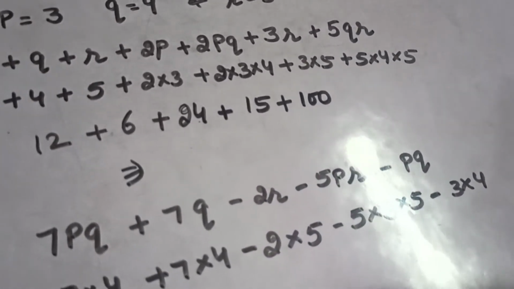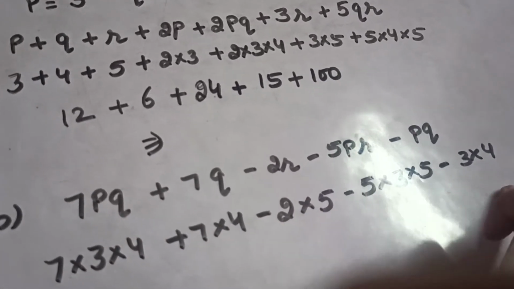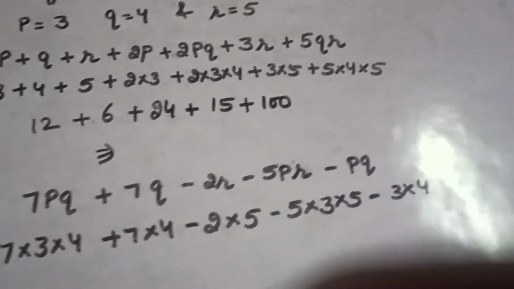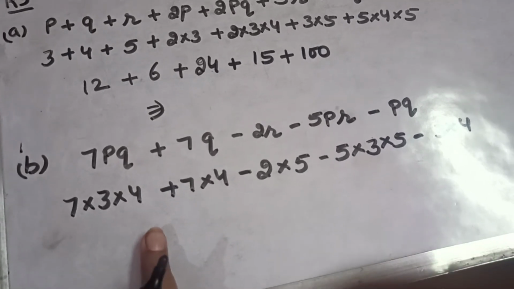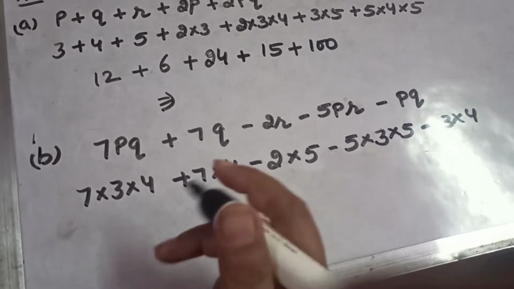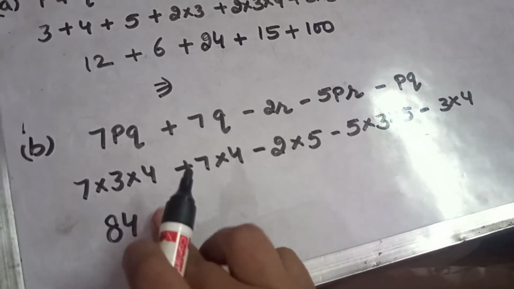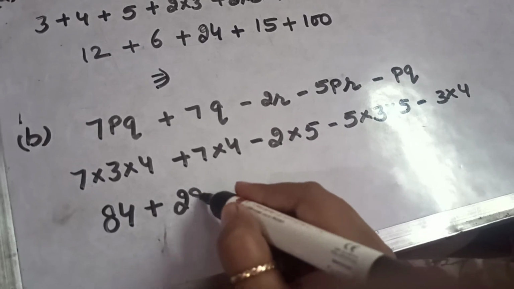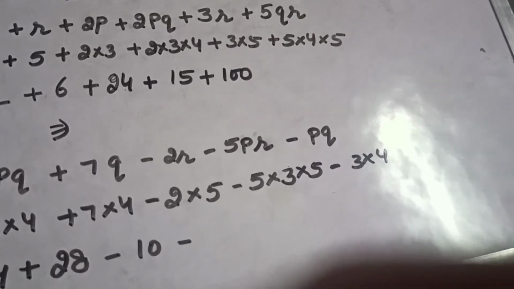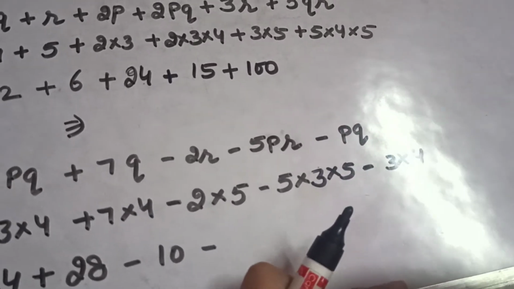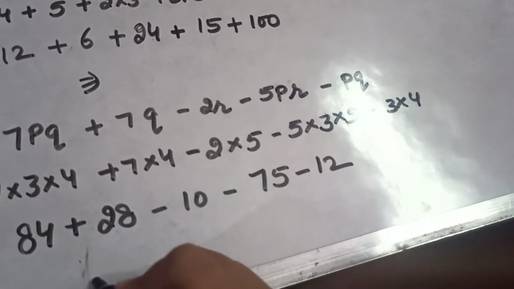Now the main point in this is, see, only one plus sign and the rest are subtraction. Clear? So you will multiply: 7 3s are 21, 21 4s are 84, plus 7 4s are 28, minus 2 5s are 10, minus 5 3s are 15, 15 5s are 75, minus 12.